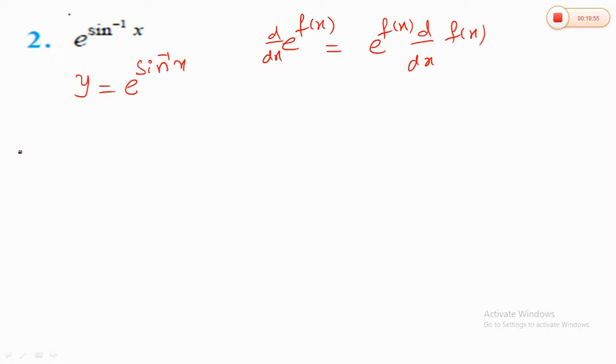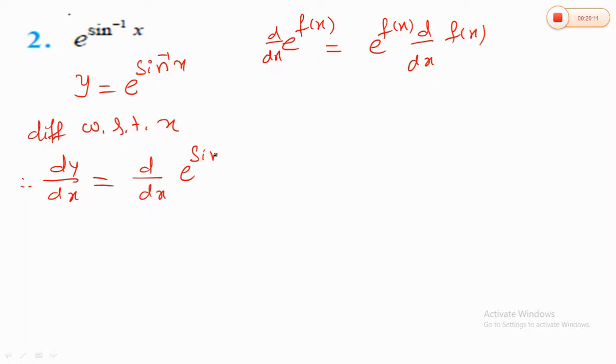So same concept: differentiate with respect to x, dy by dx equals d/dx of e raised to sine inverse x, which is e raised to f(x), that is e raised to sine inverse x.